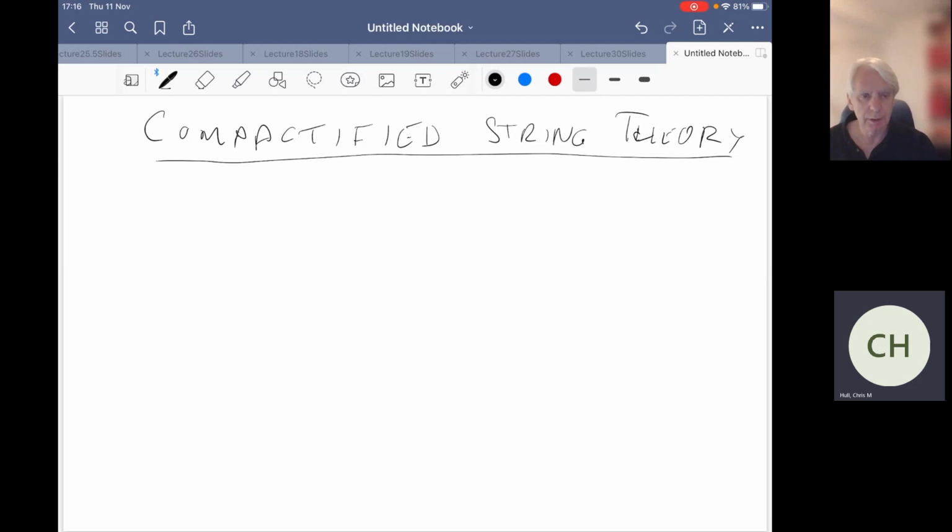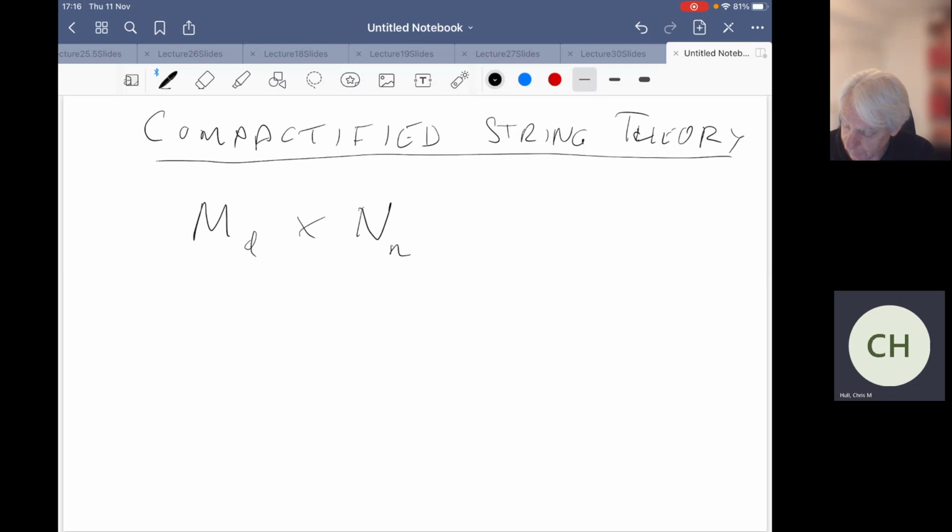I want to think about string theory compactified, so that we're thinking about a space-time which is some d-dimensional space times some internal space, let's call it n dimension, little n.